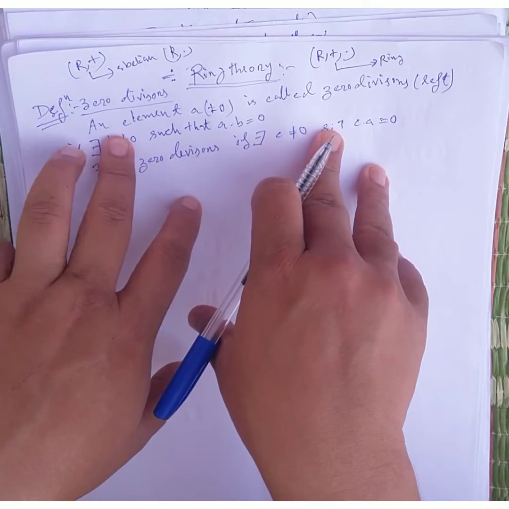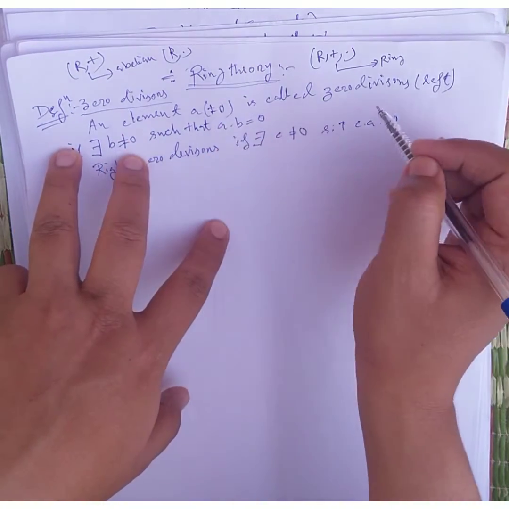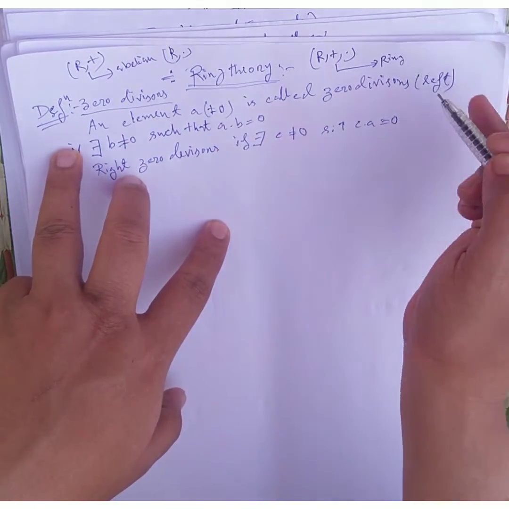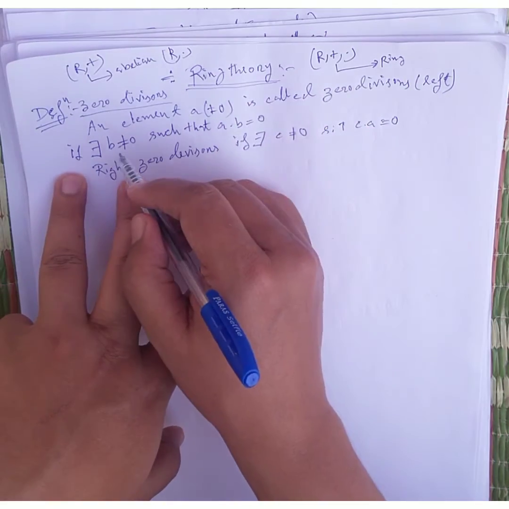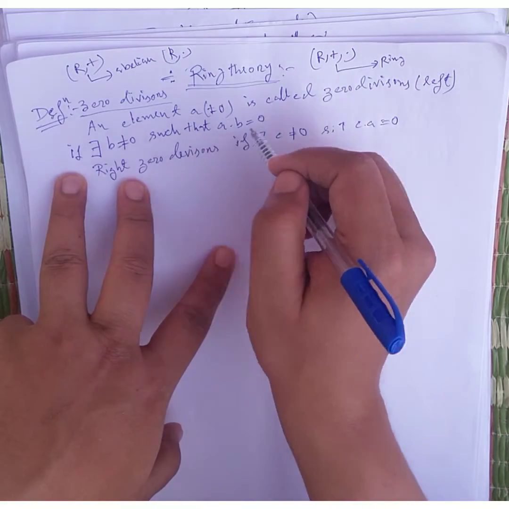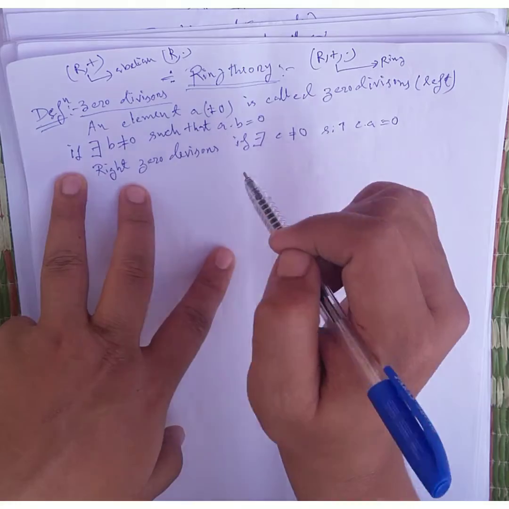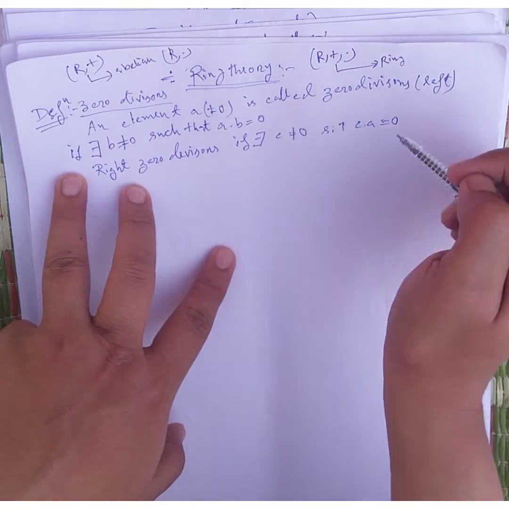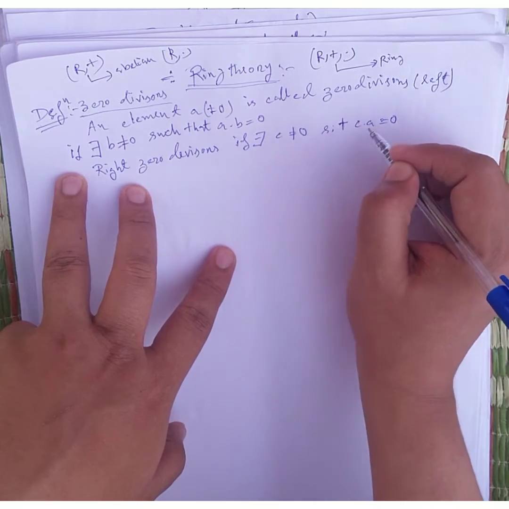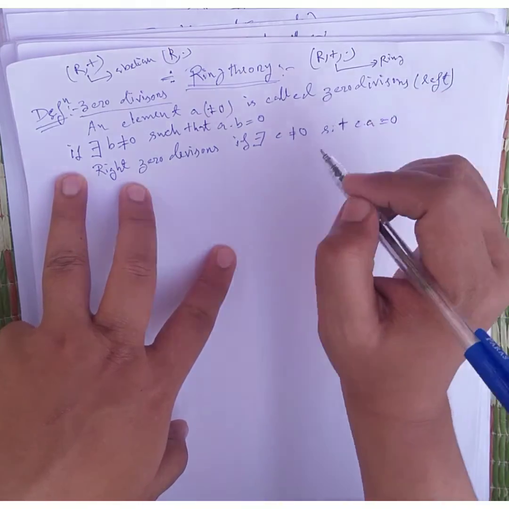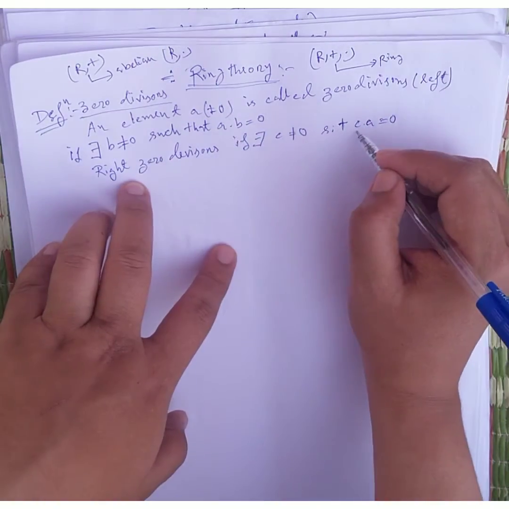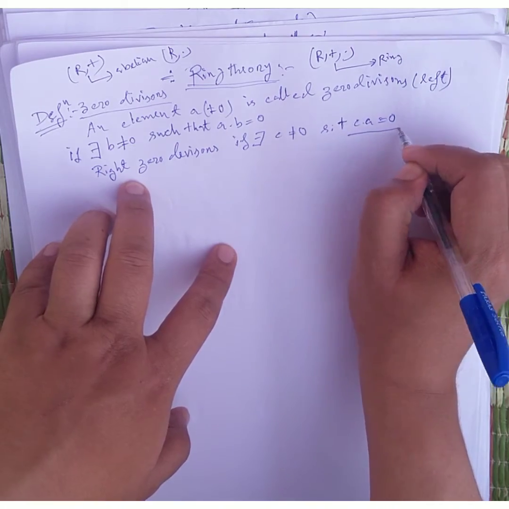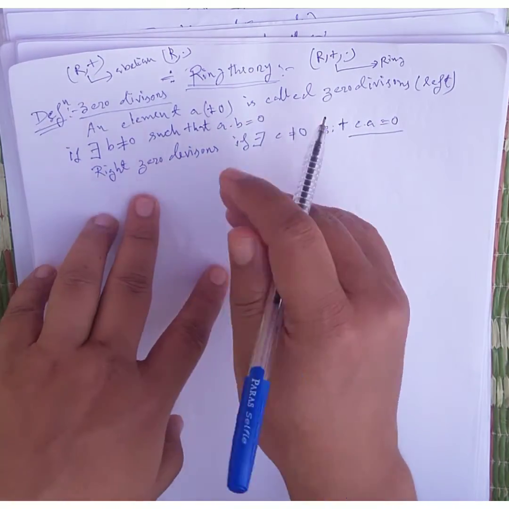An element a ≠ 0 is called a left zero divisor if there exists b ≠ 0 such that a·b = 0, and a right zero divisor if there exists c ≠ 0 such that c·a = 0.